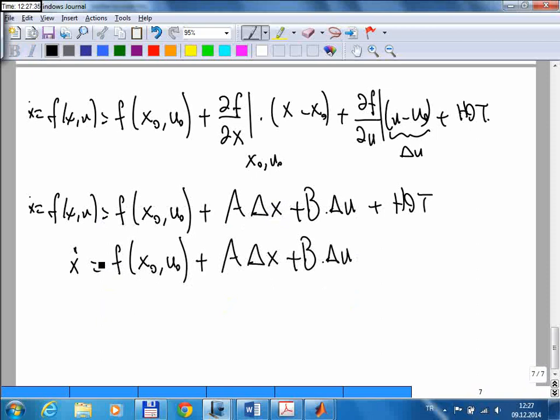And this is not an exact equality anymore. At this point, this is an approximation once we get rid of the higher order terms.